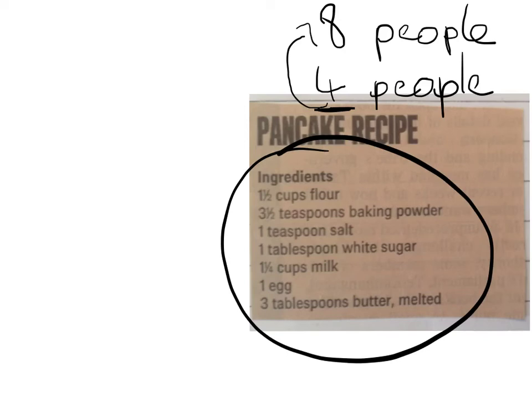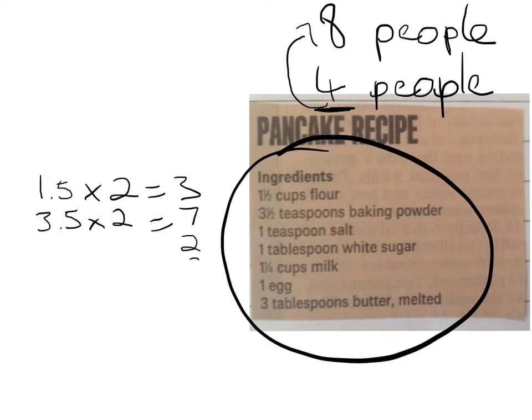So we go 1.5 cups times 2, which equals 3 cups of flour. 3.5 times 2 is equal to 7, and so forth. You just go through and multiply them all by 2, because there's double the amount of people.